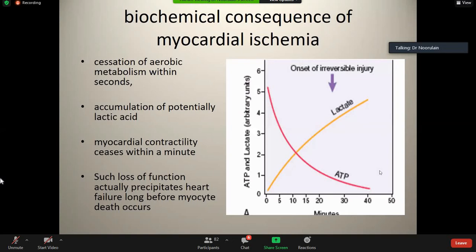Loss of function actually precipitates heart failure long before the myocyte death occurs. So there is decreased ATP and increased lactate, and the onset of irreversible injury starts.